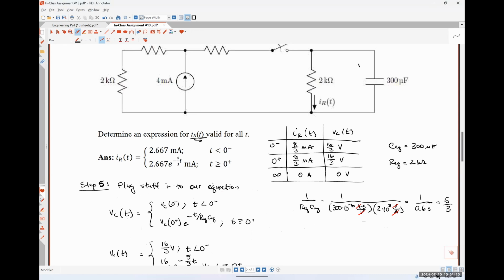Let me maybe help you guys out here. So we just figured out what this voltage VC of T is. Using that voltage, how would we get IR? Ohm's law. Ohm's law, absolutely right.